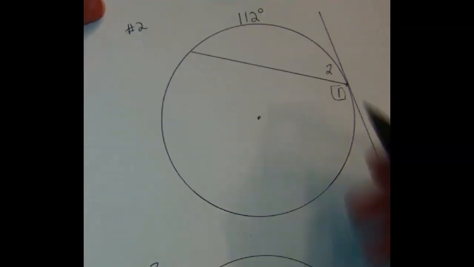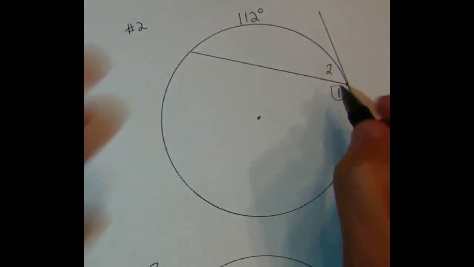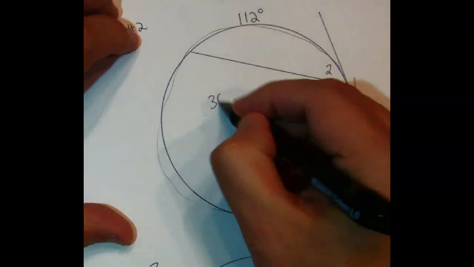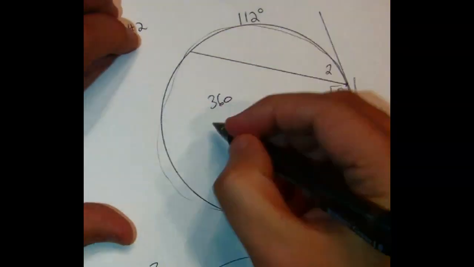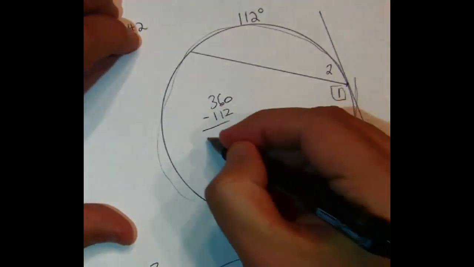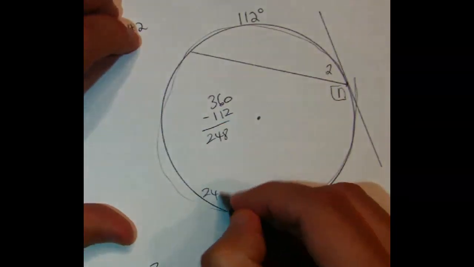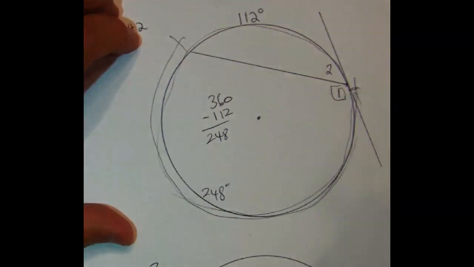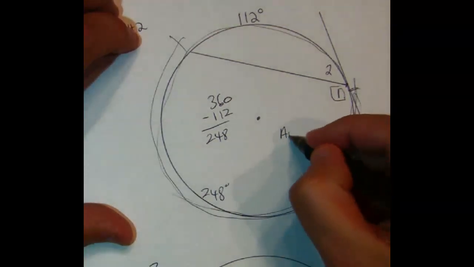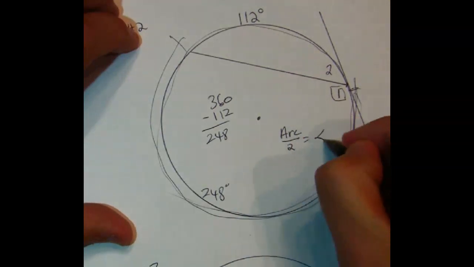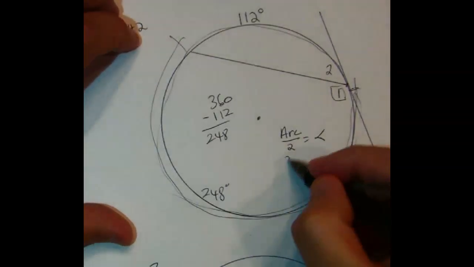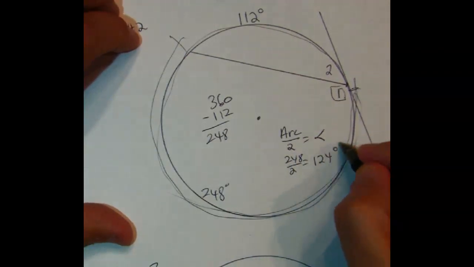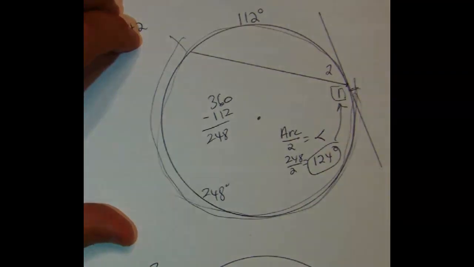So one way to get angle number 1 is noting that the entire circle is 360 degrees. So we take away the 112 and you get 248. So that is the measure of this arc here. Now, using our formula, the arc divided by 2 is going to give you the angle. So the arc is 248 divided by 2, and you get 124. And that would be angle number 1.